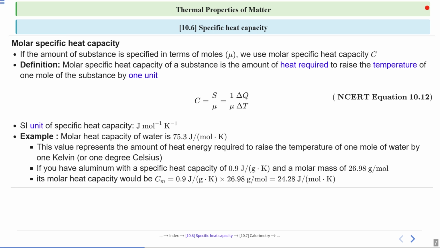Solving this, you will get 24.28 joule per mole per Kelvin. So this is the molar heat capacity. Why do we call it molar? Because here the amount of substance is specified in terms of moles. That's why we call it molar heat capacity.